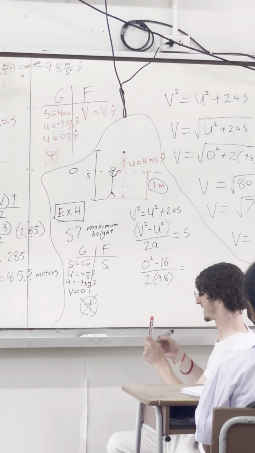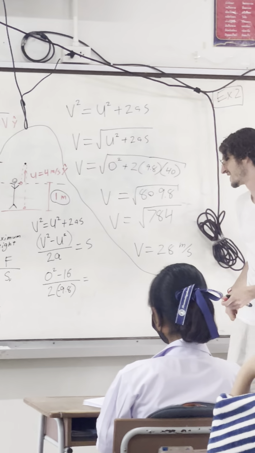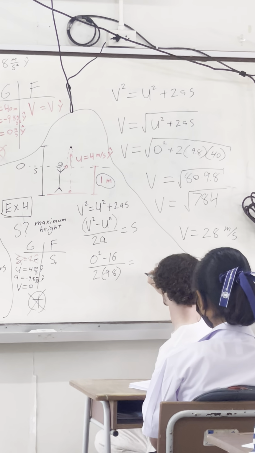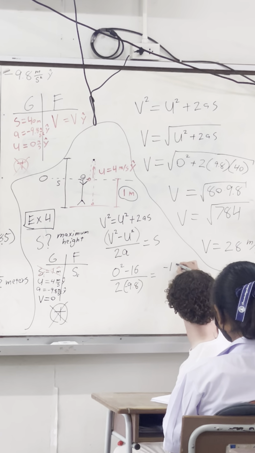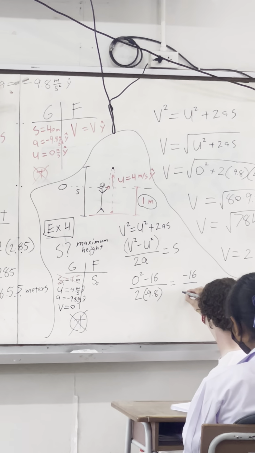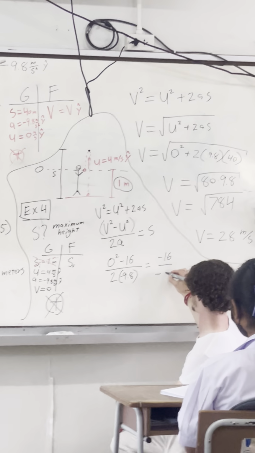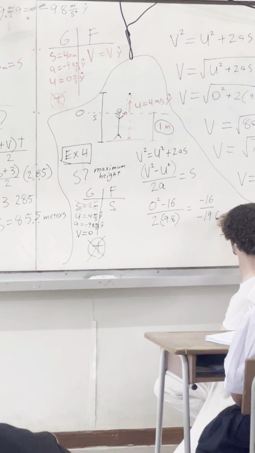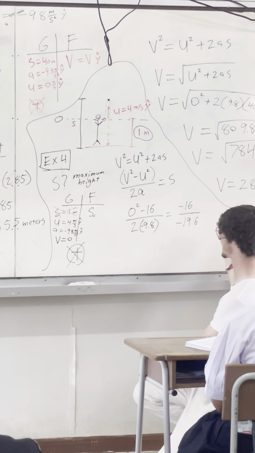This gives us negative 16 divided by negative 19.6, I think.